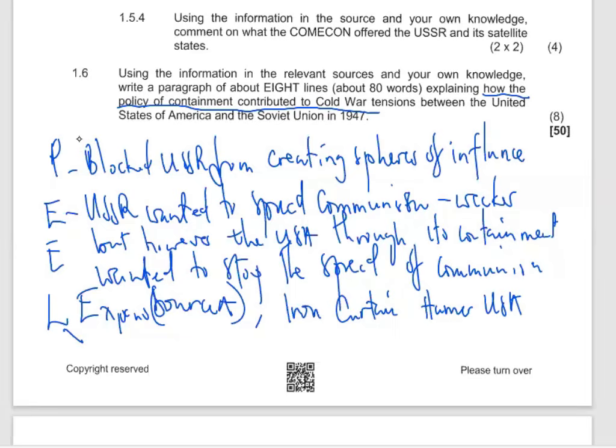Then you link your paragraph to show that whatever you were discussing supports the fact that the US attempted to block the USSR from creating spheres of influence. Through those means, it widened the tension between the two extreme ends. That is basically how you must answer your paragraph question in PEEL format.